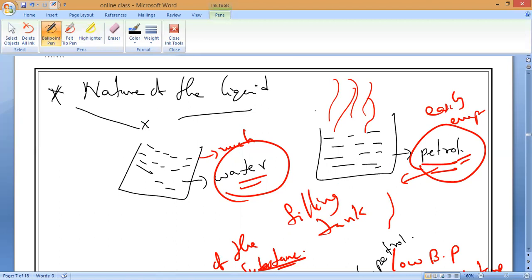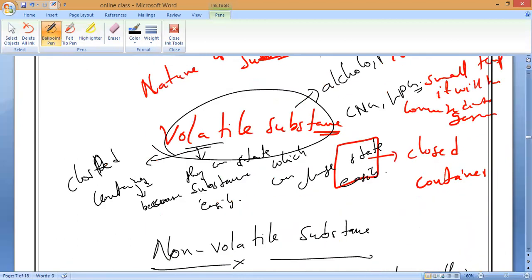So these are the 5 factors which will affect the rate of evaporation. Are you clear, everyone? Any doubt? That is the nature of the liquid.